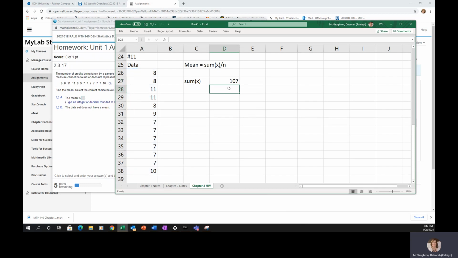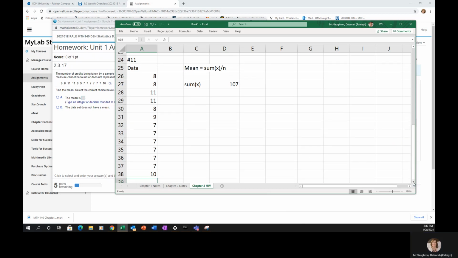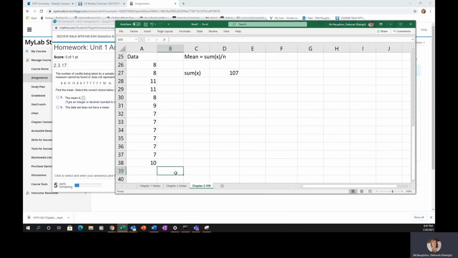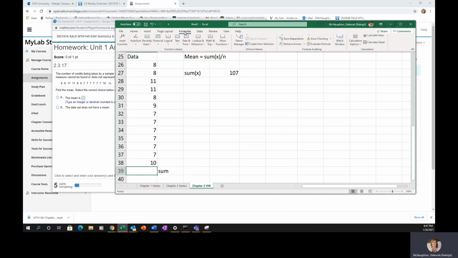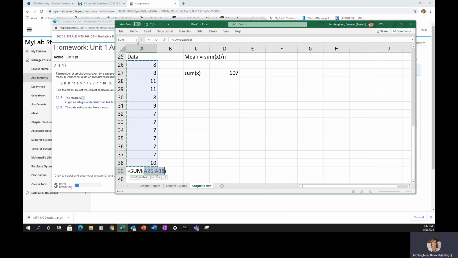That's my sum of my x's. I can also just go to the bottom here. I'm going to put out here sum, so I know what this is. I can just go to formulas, and I can click this auto sum and it sums them for me. Okay, that's 107.